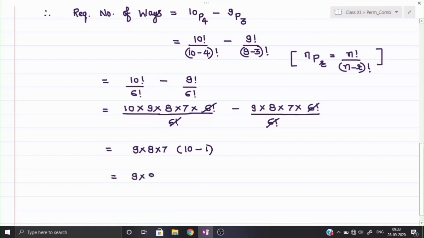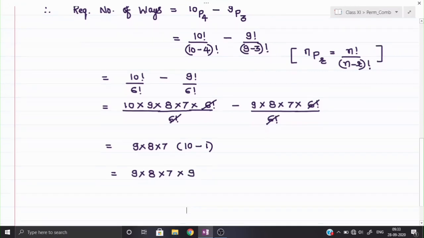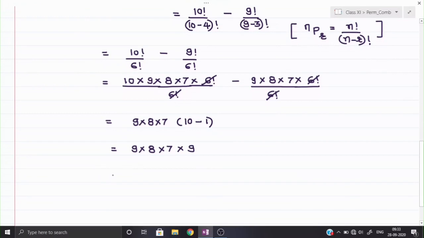into 8 into 7 and then again into 9. So 9 and 9 we can multiply, that is 81, and 7 and 8 we can multiply, that is 56. Now 81 and 56 we can multiply. 6 1s are 6, 8 5s are 40, then 5 and 8 6s are 48, 48 plus 5 is 53.